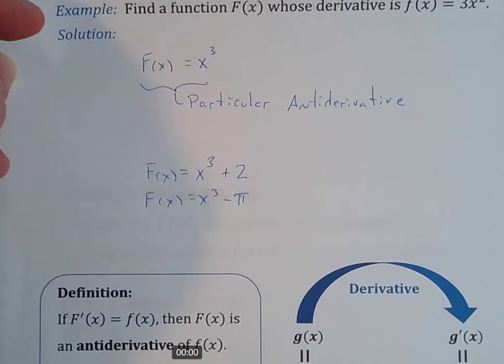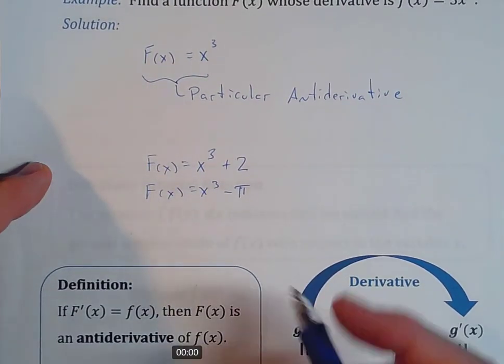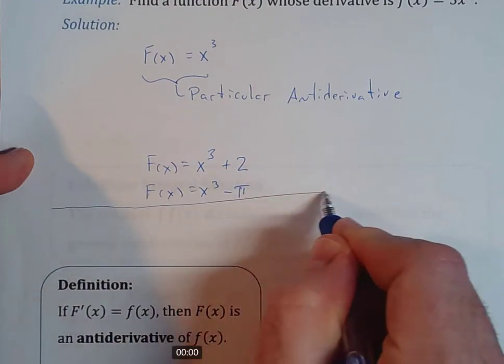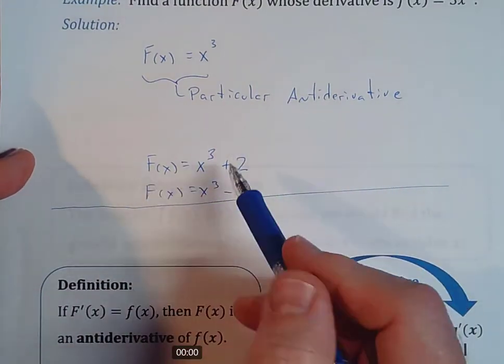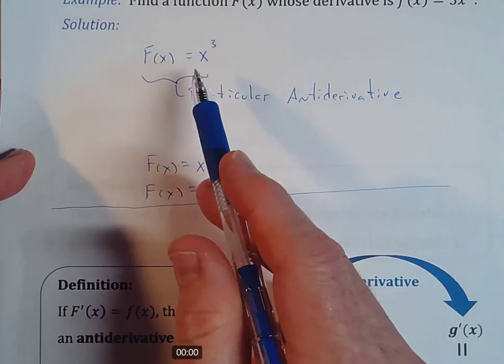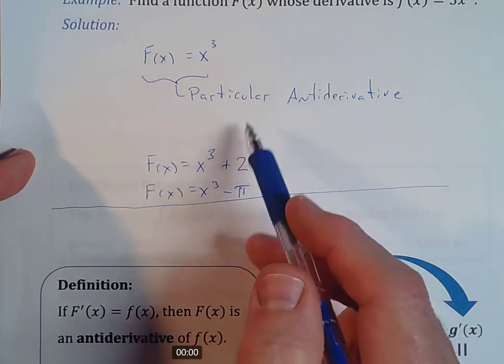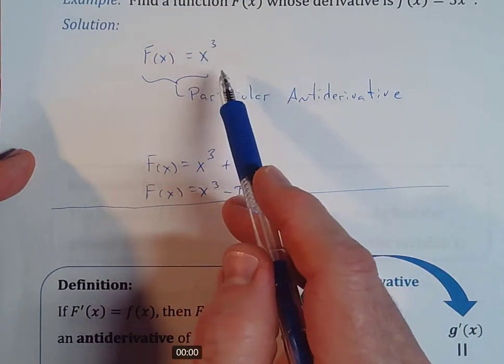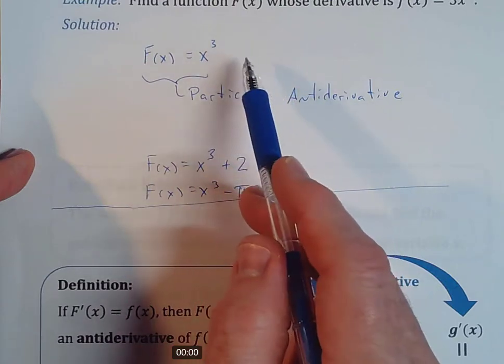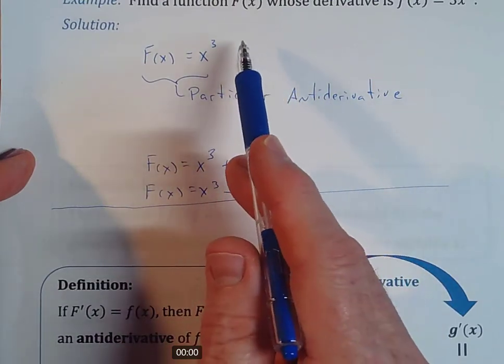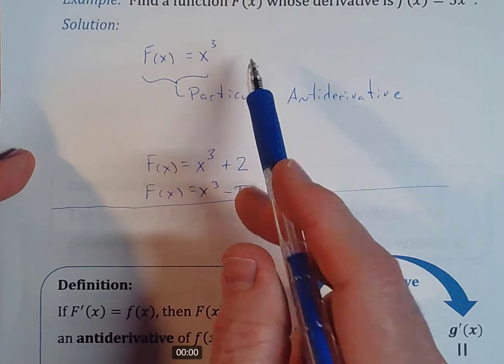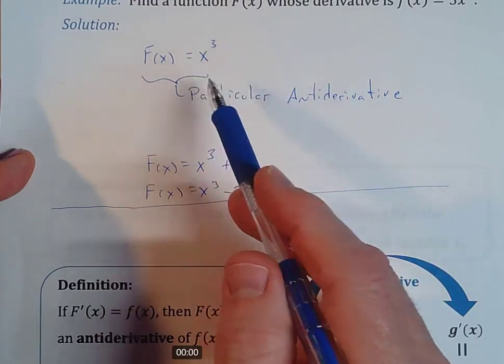So those are particular examples of functions that would give me this as a derivative, and so we call those particular antiderivatives. Now, if we want to represent in general all of these functions, they all have a certain format to them. There's a certain part here, and then I add on some constant, and it doesn't really matter what that constant is, because when you take the derivative, that part goes away. But they all have that format.